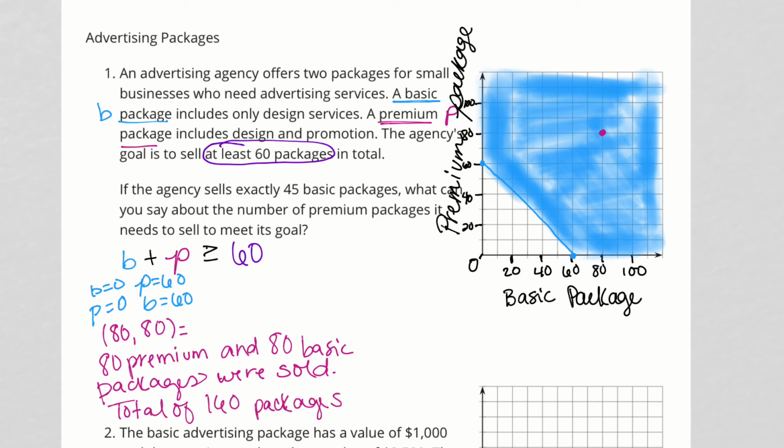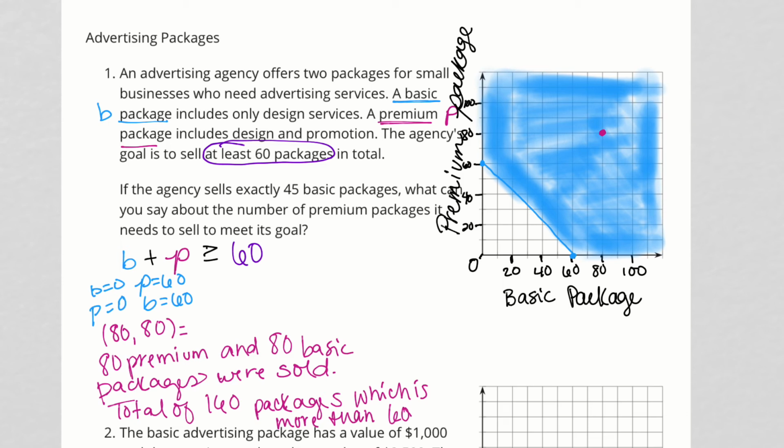So a total of 160 packages, which is more than 60. All right. If the agency sells exactly 45 basic packages, what can you say about the number of premium packages?